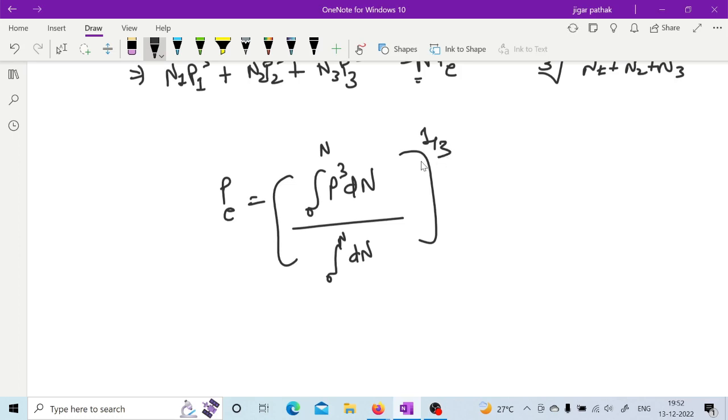So this is how you can come up with the equivalent load.